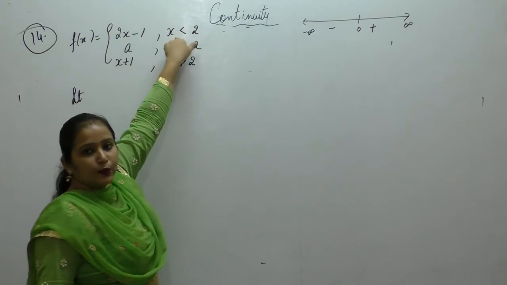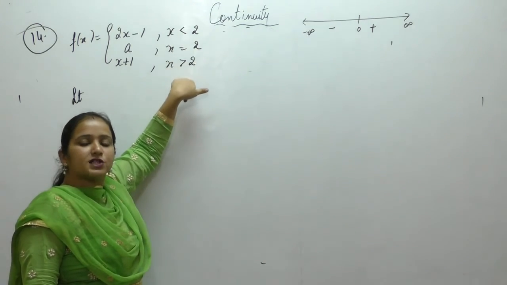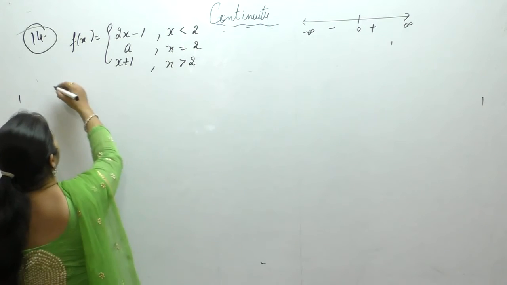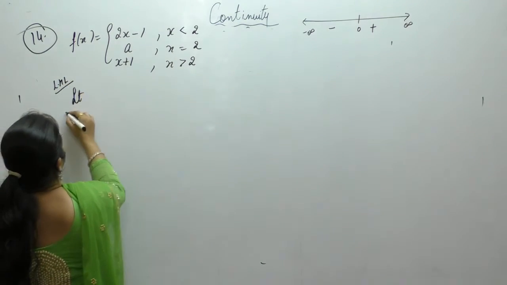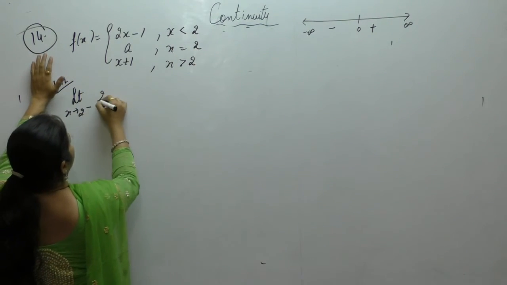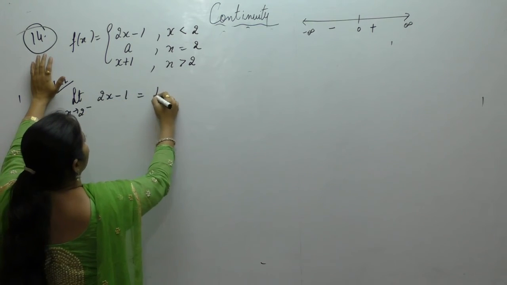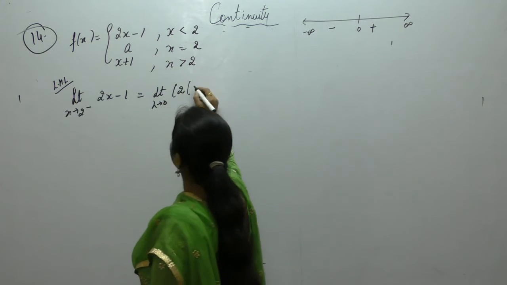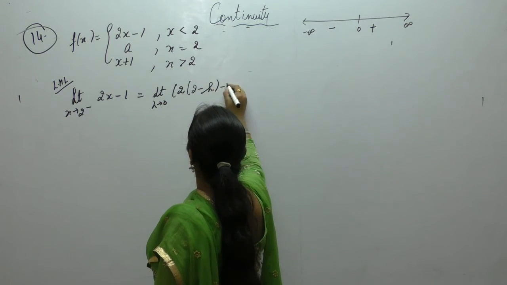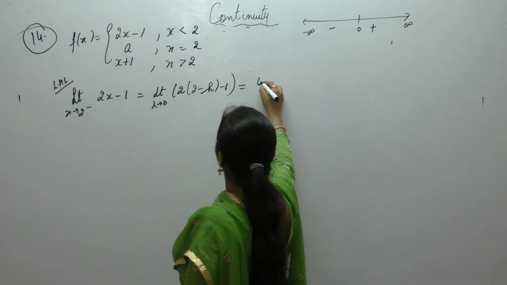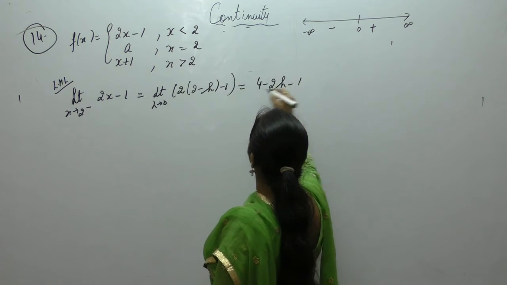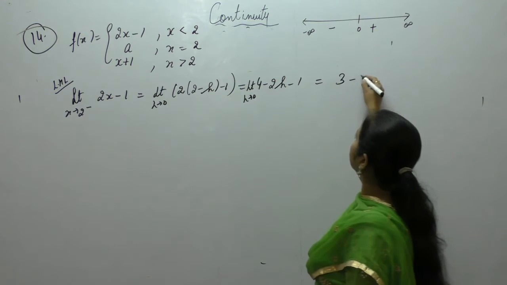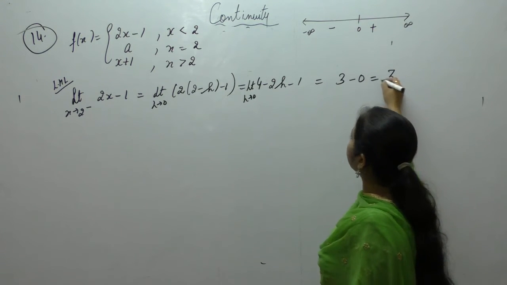Here for less than 2 and greater than 2 the function has different values, so we will have to solve left hand limit and right hand limit. Limit x tends to 2 negative, function has value 2x minus 1. 2 into (2 minus h) minus 1.